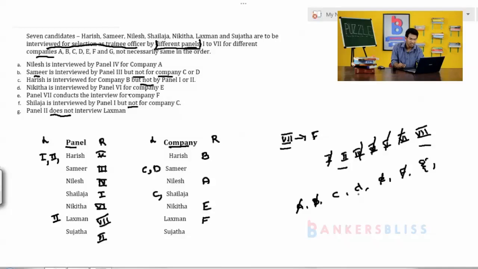Remaining C, D, G. Look here, Samir does not come for C and D. Definitely Samir should come for company G. Is it clear? Next one, Shailaja does not come for C. It means only D remains. Okay, this is also finished and this is also finished. Remaining is C. Is it clear?